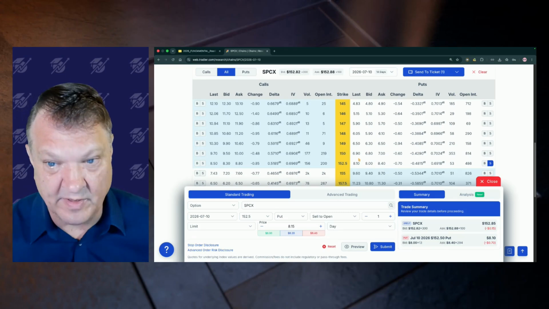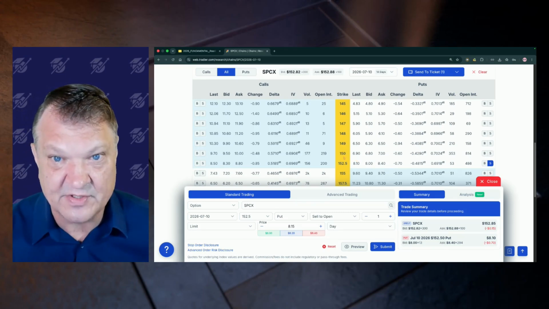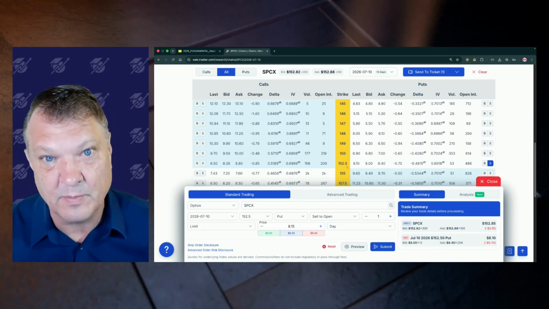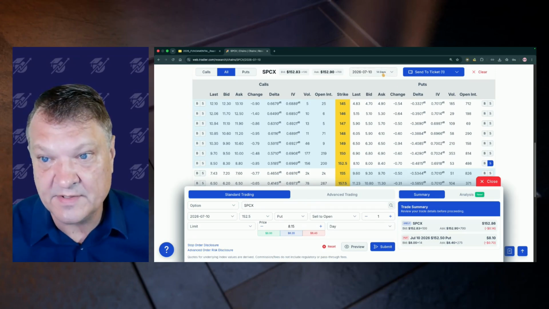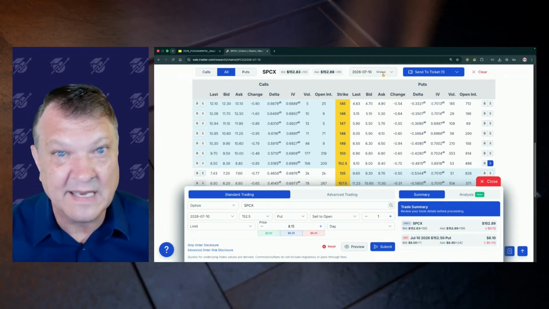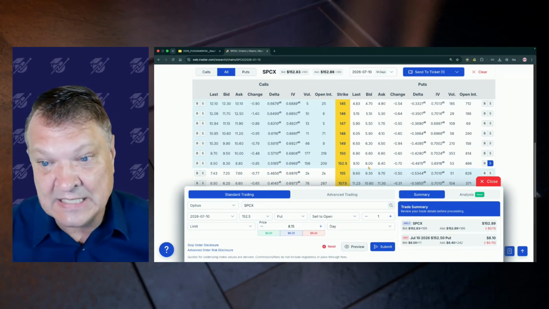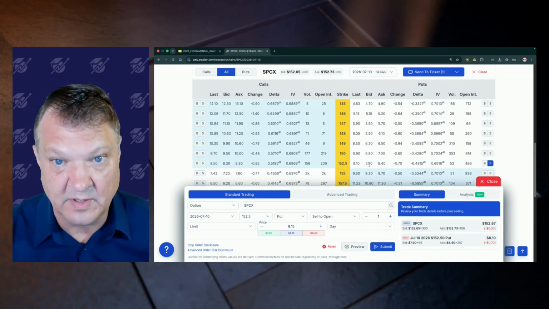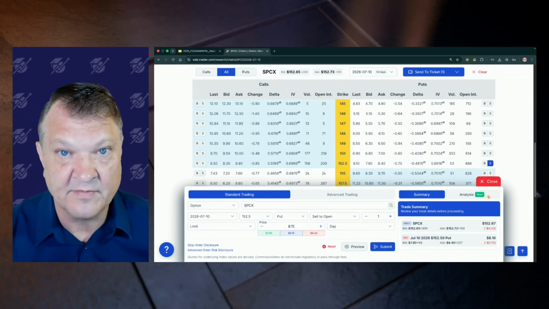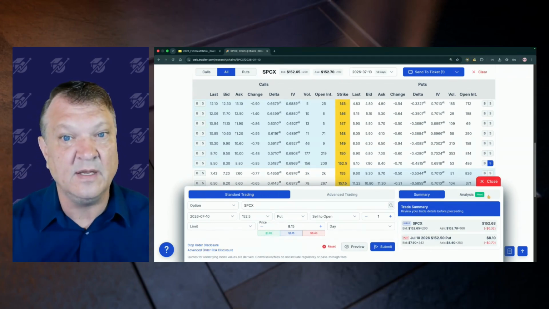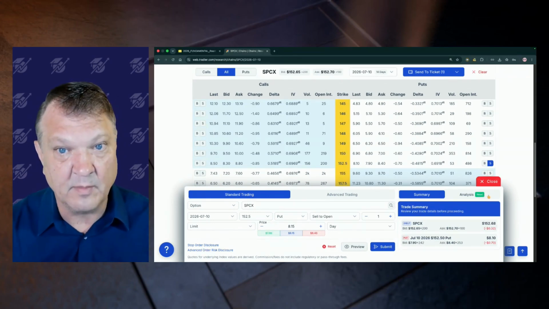I'm okay with that if this is your price, but I'd much rather get the premium. And so this is a great example. 14 days is not that far out, and you're still getting a ton of option premium if you're willing to buy the shares. I also want to emphasize that if you do this, you can do it in an IRA account, in a retirement account.